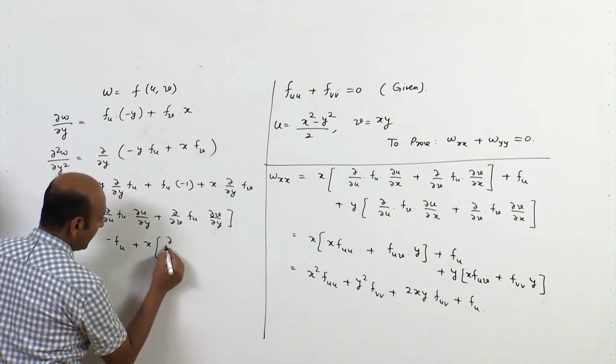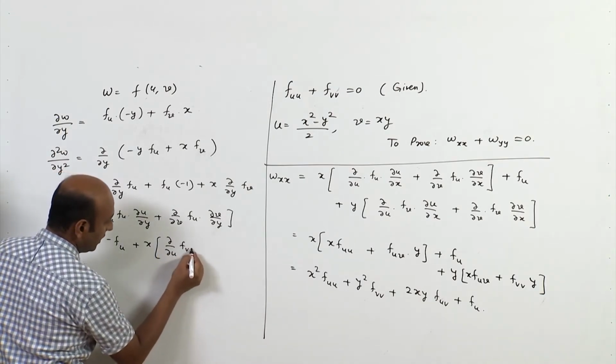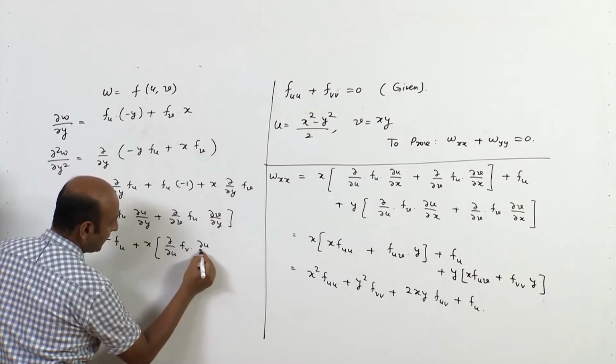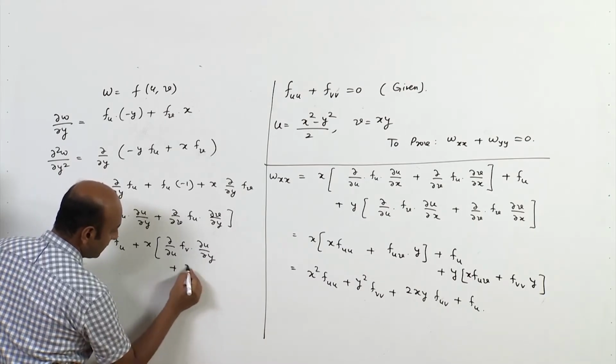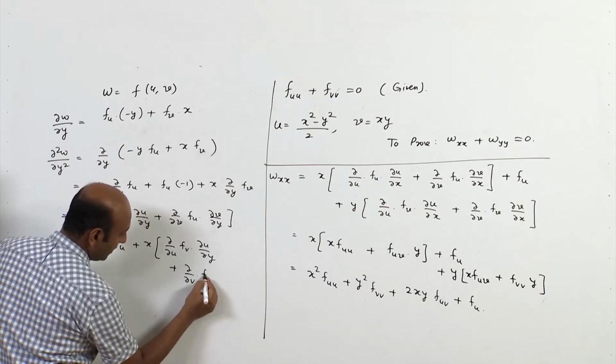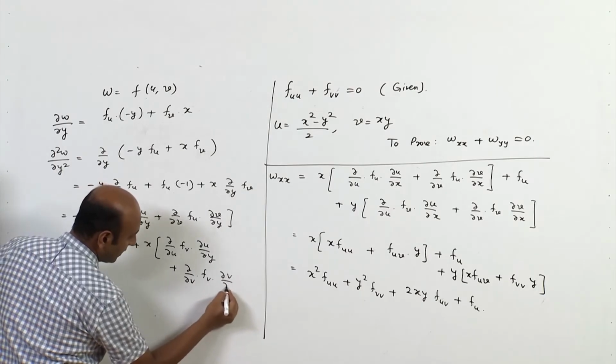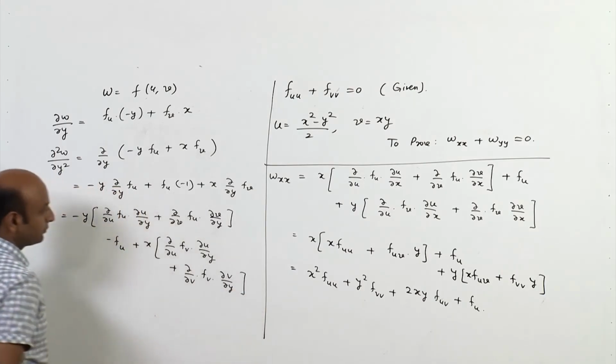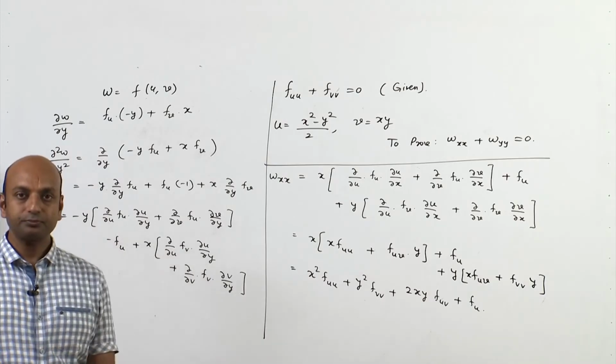It is del by del u of f_v into del u by del y plus del by del v of f_v into del v by del y. Okay.